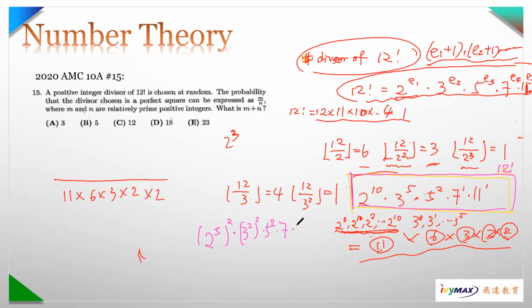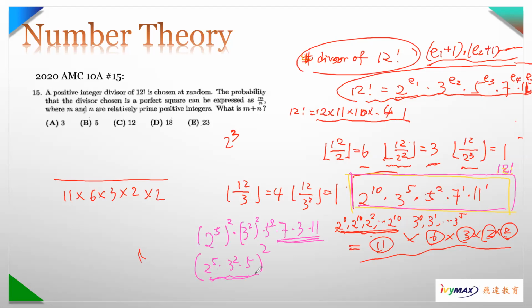So this part we cannot make a perfect square, right? So the only possible is this. I have 2 to the 10 times 3 to the 4 times 5 squared. So if you're choosing the divisors of the value in the parentheses, that can make you a perfect square.